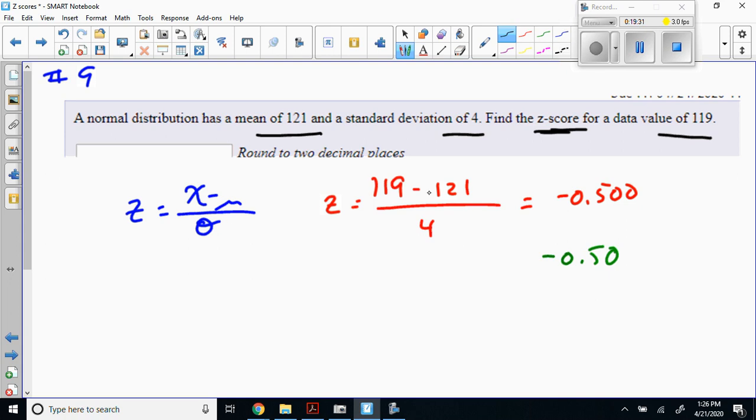So 119 minus 121 over 4 gave us negative 0.5. So it had a z-score of negative 0.5, if we round it to 2 decimal places. It didn't say go find the value of the z-score. It just said go find the z-score. All right, so that's number 9.